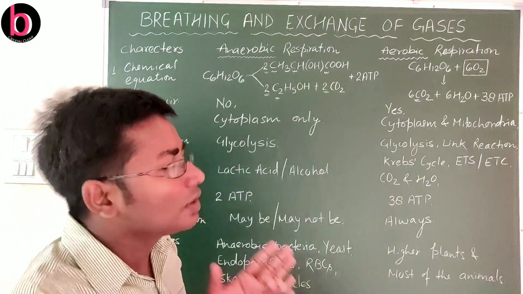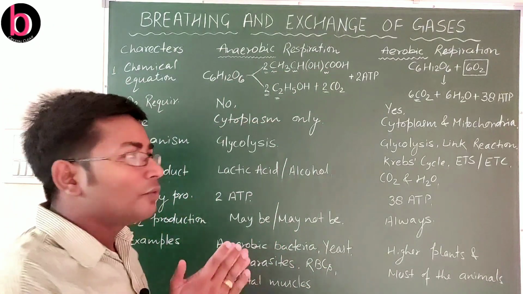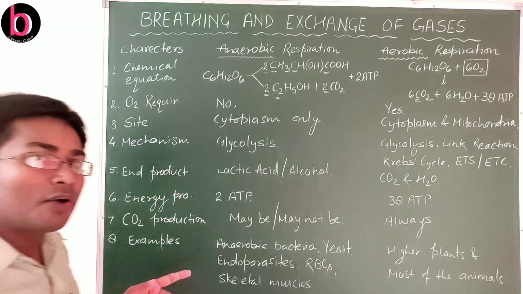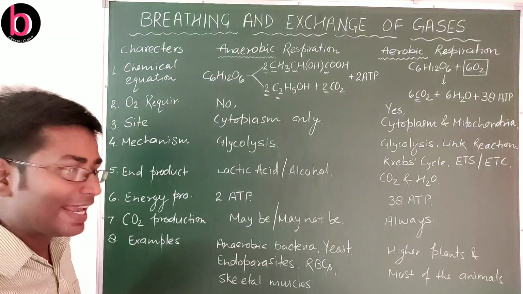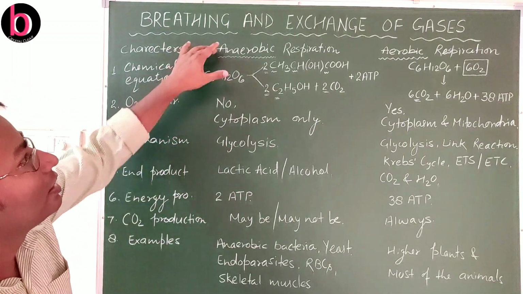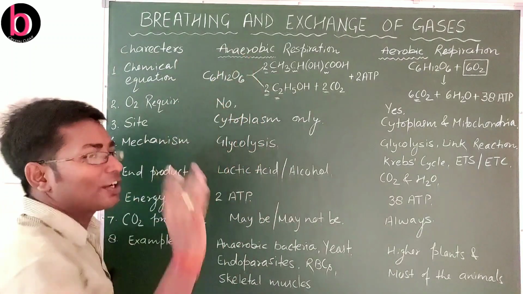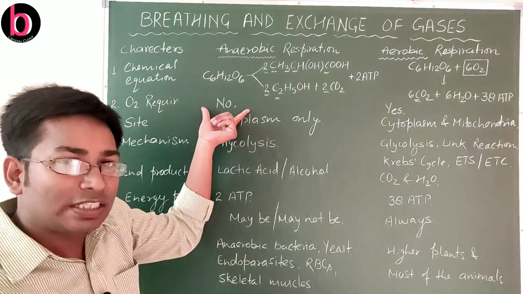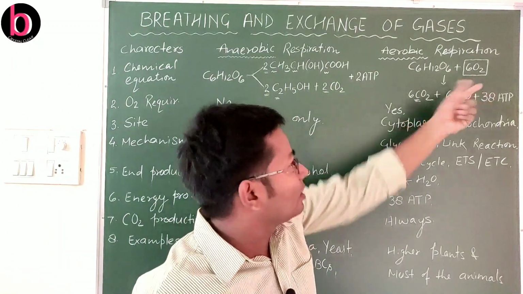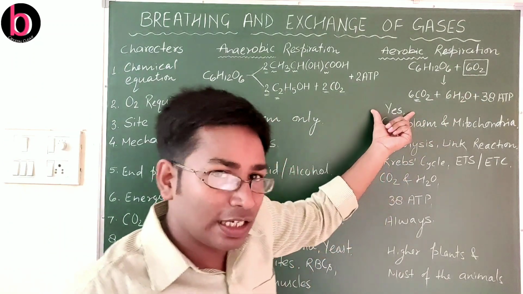On the basis of these 2 equations, we can simply define the rest of the properties of aerobic as well as anaerobic. So the second is oxygen requirement. As we discussed earlier, during anaerobic respiration there is no need of oxygen for the process, while during aerobic respiration oxygen is needed.